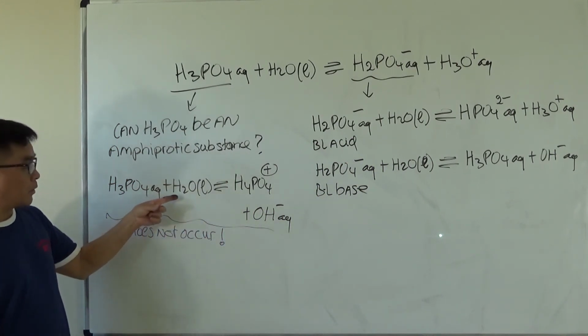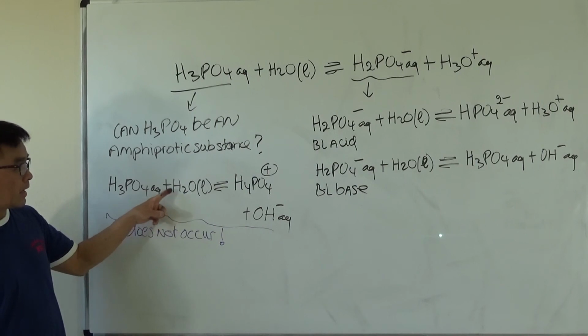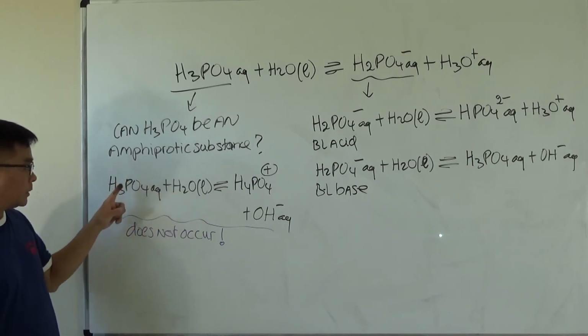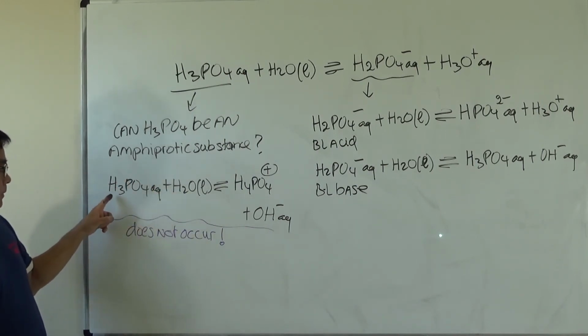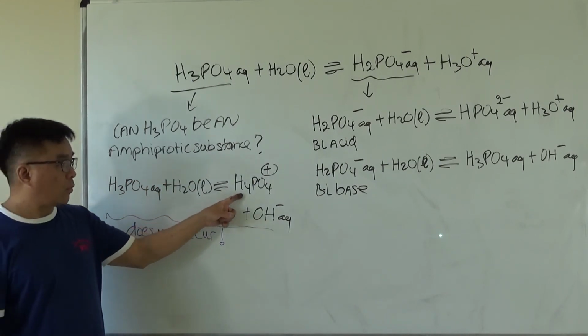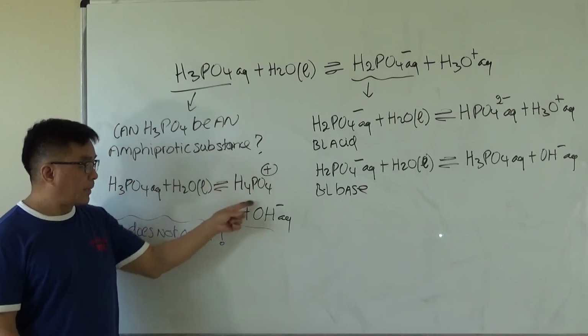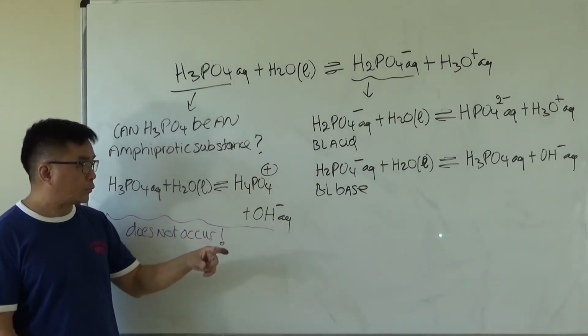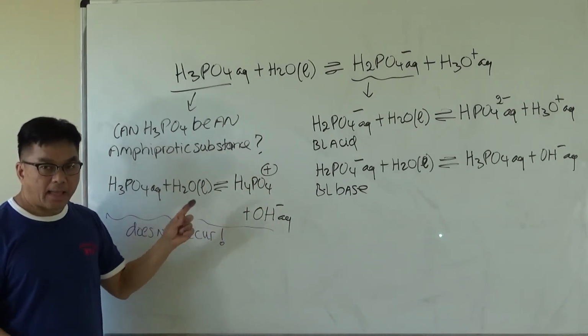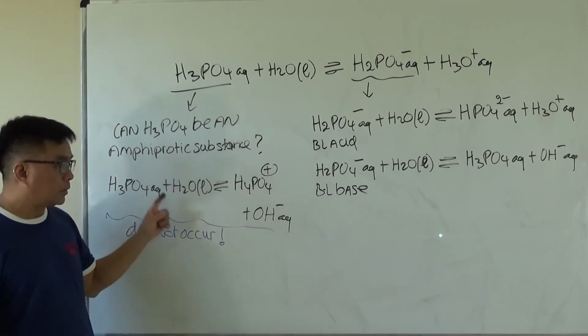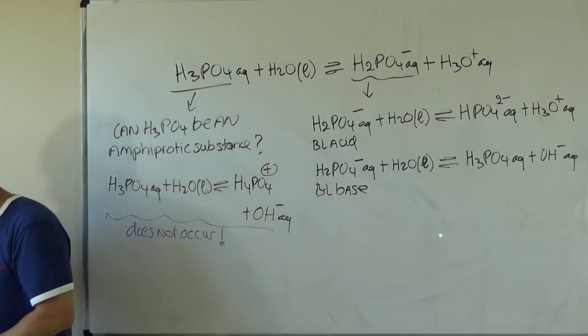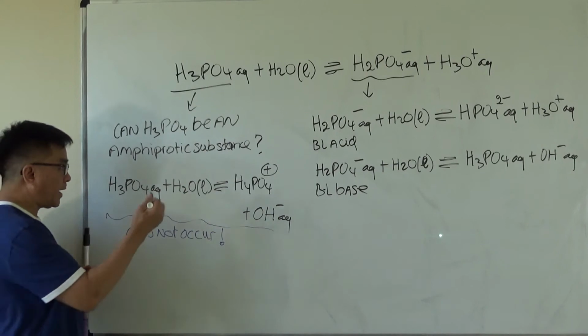Which means that if it grabs a proton from the water, instead of H3PO4, it becomes H4PO4 plus, because the proton is positively charged. So it has to be able to form this species in order to act as amphiprotic, but this reaction will never occur. That's not going to happen at all.